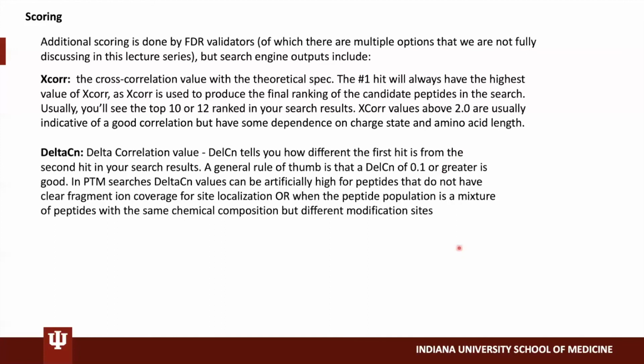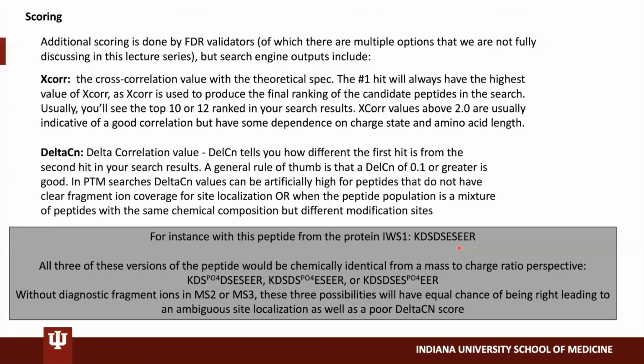That also happens sometimes when you have a peptide population with a mixture of peptides which are exactly the same peptide from a chemical perspective, but the modification is on different amino acids, which has really big impacts on the biology. So this is a very important distinction to be able to make. And I'll show you an example of that.